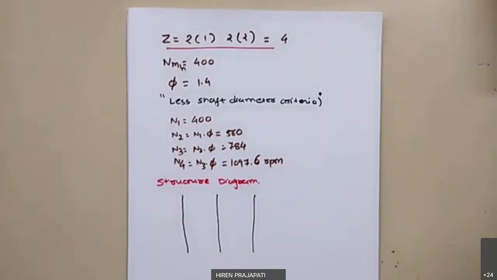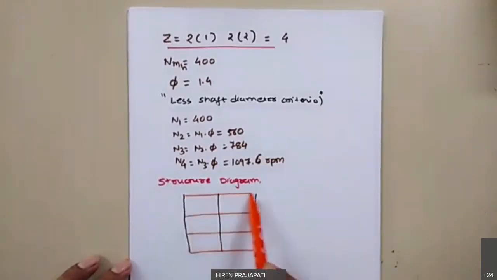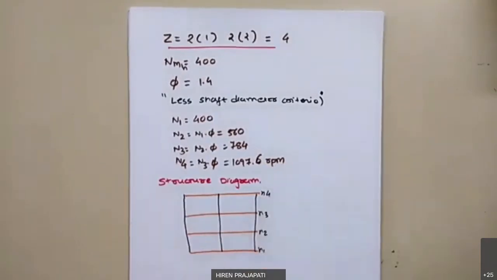Now the number of horizontal lines in the structure diagram is equal to the number of speeds. So line 1, 2, 3 and 4. I call them N1, 2, 3, 4. Let me pick the midpoint. So this is the midpoint of shaft 1. Let me call the shafts 1, 2, 3.